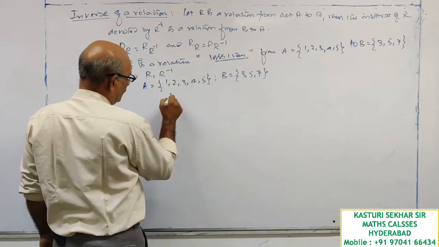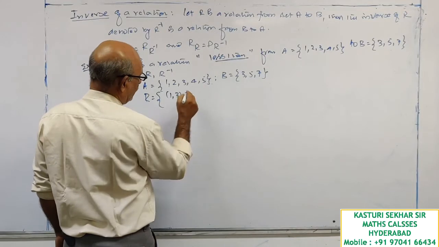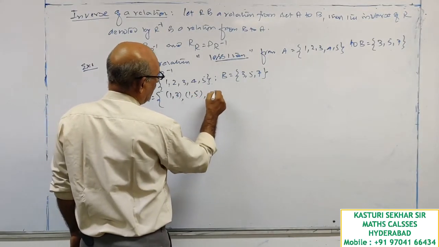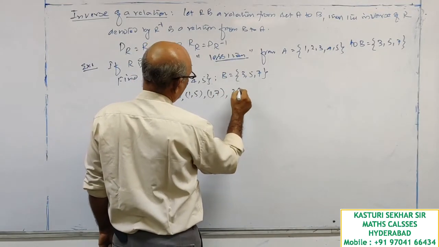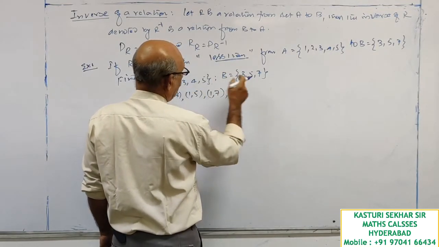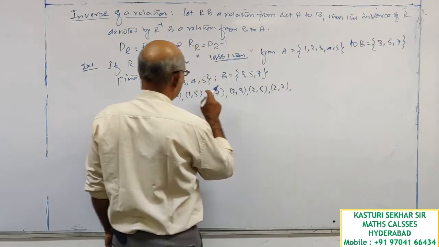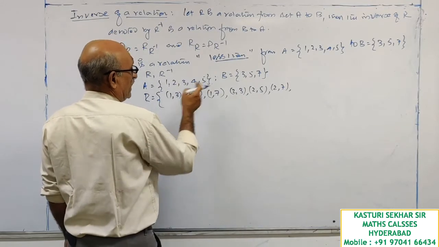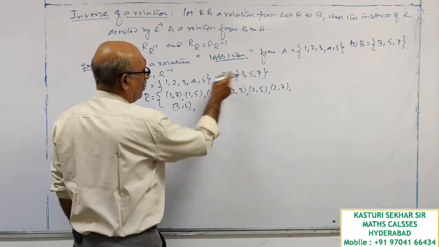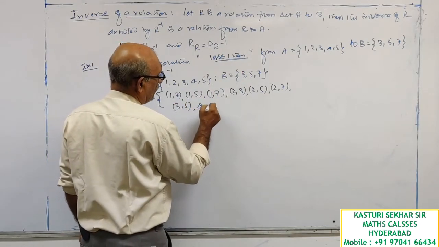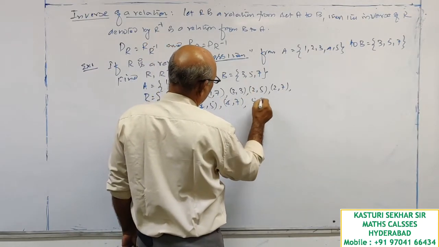1 is less than 3. Let us see the relation. 1 is less than 5. 1 is less than 7. 2 is less than 3. 2 is less than 5. 2 is less than 7. 3 is less than 5. 4 is less than 5. 4 is less than 7. 5 is less than 7.